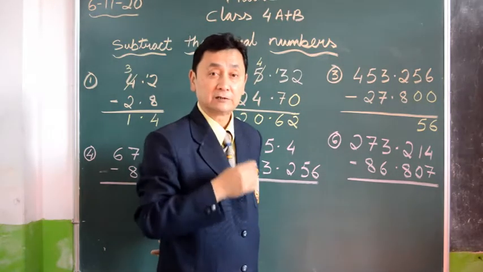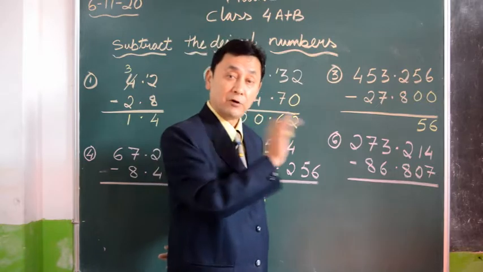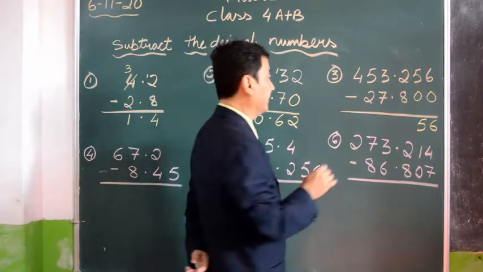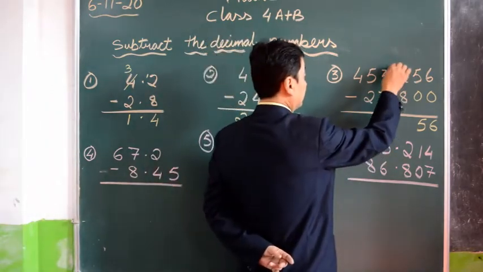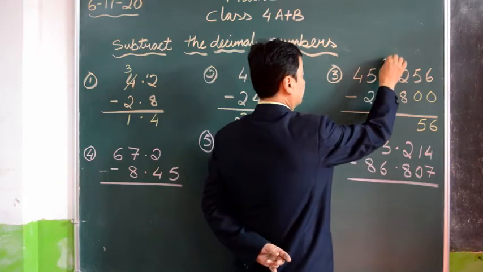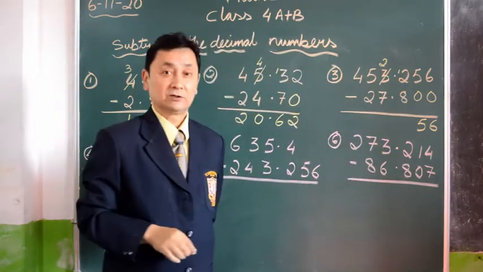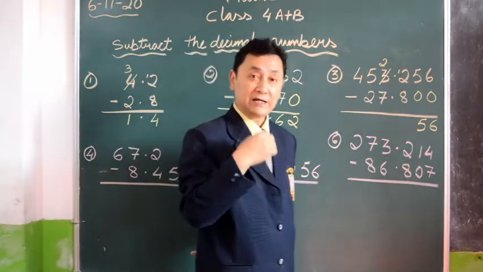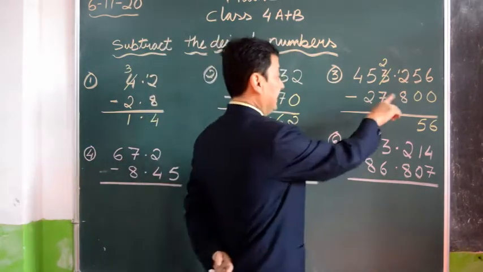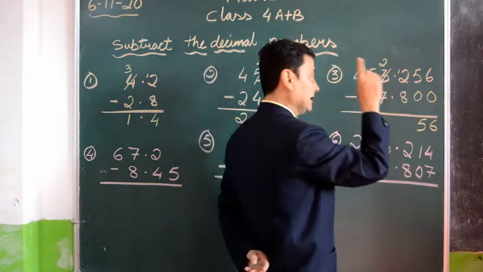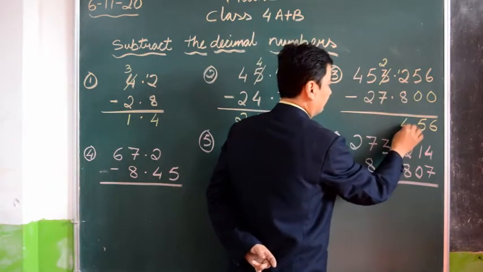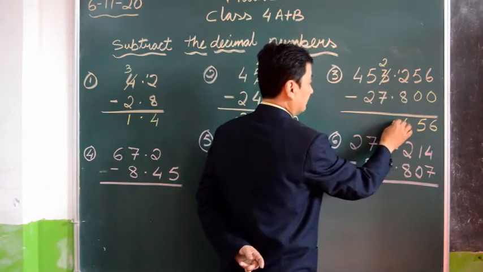Can I give you 8? I cannot. I have to borrow from someone else. So I borrow from the next number, 3. 3 becomes 2 and 2 becomes 12. Can I give you 8? Yes. 12 minus 8, 4. Decimal point.